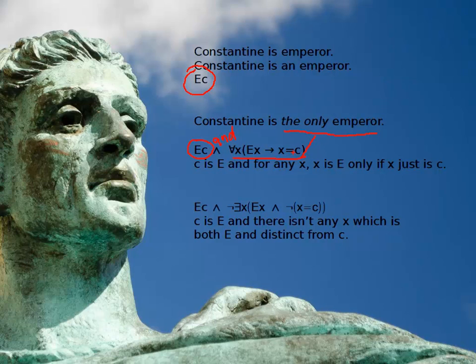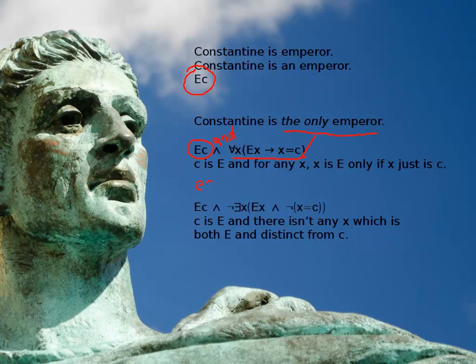X is numerically identical to Constantine. Right? Do you see how that captures the "only"? So I've given sort of a halfway translation here. It's not quite in logic or in proper English. Maybe it'll help. You can read this as C is E, and for any x, x is E only if x just is C. So he's emperor, and also he's the only one. Any emperor there is just is him.